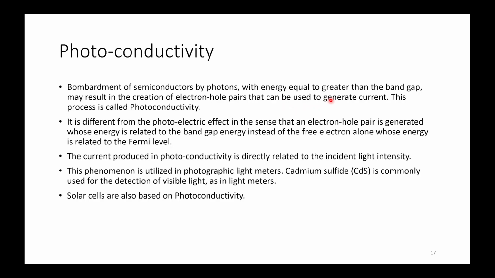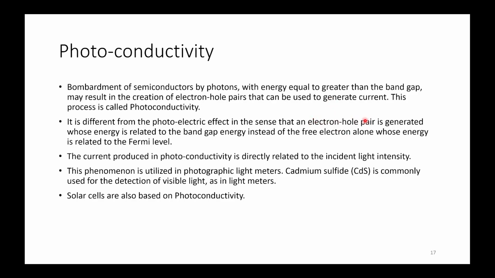This process is called photoconductivity, and it is different from the photoelectric effect, where the free electron cloud in metals is what moves around in the material.